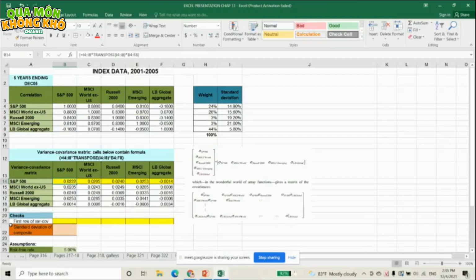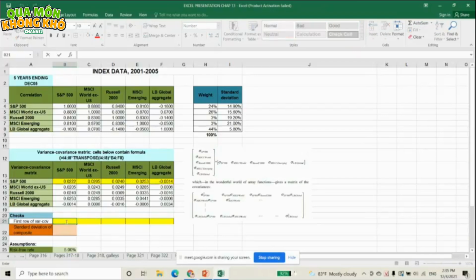Row 21 contains the computation of the first row of the variance and covariance matrix, just to make sure that our array formula is correct or not. So we can check the first row of variance and covariance.